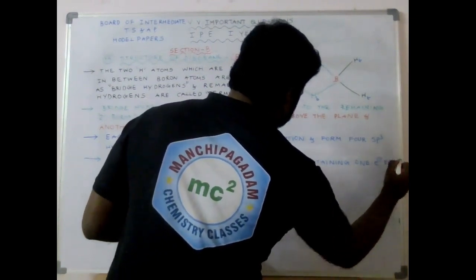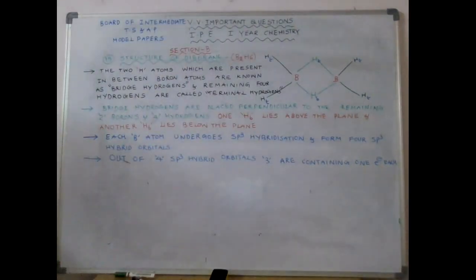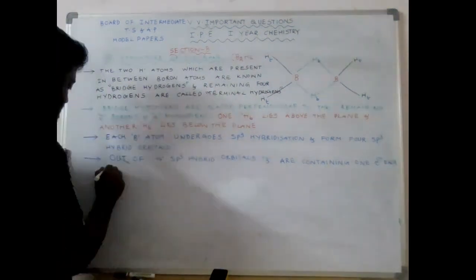So each hybrid orbital is containing one electron. Means the remaining is what? The remaining one is vacant, that is an empty orbital. This is a very, very important point. Out of four, three contain one electron each, and the remaining is vacant. So because of this, what will happen? Abnormal bonds will form in between the borons.